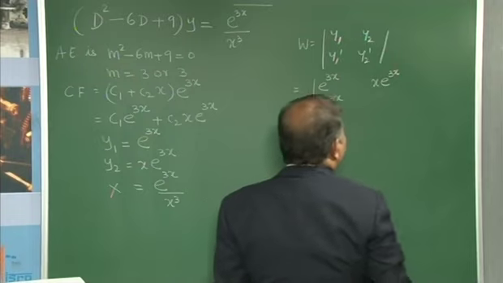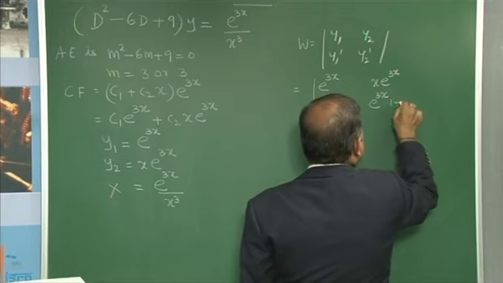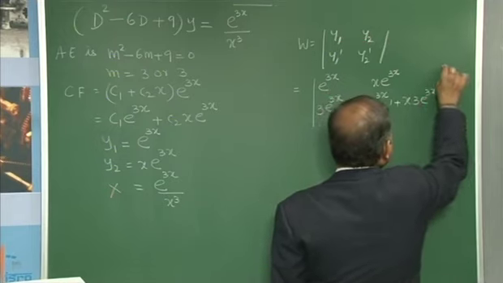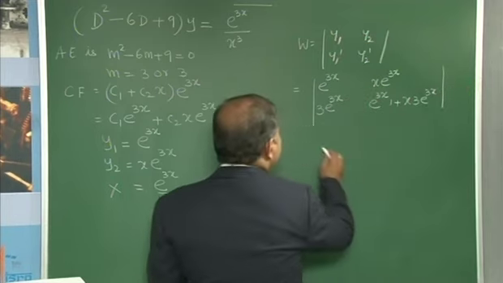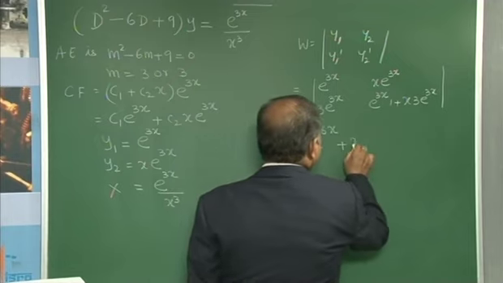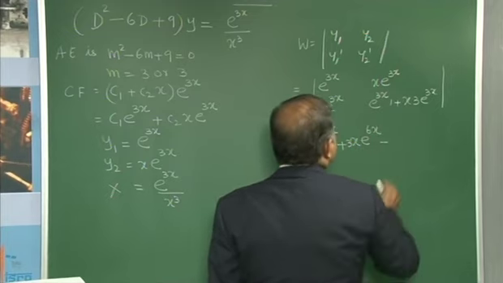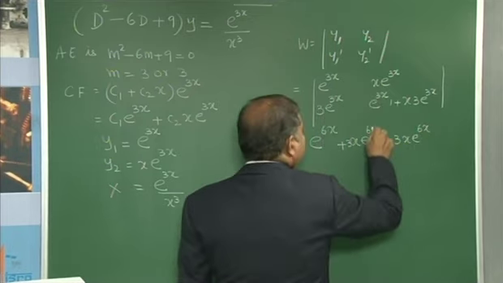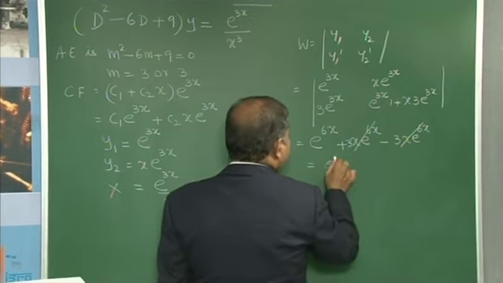Here product rule, first e power 3x, x differentiation is 1 plus x as it is, e power 3x is 3 e power 3x. Expand it, e power 6x plus 3x e power 6x minus 3x e power 6x. So, these two terms get cancelled. I got e power 6x.